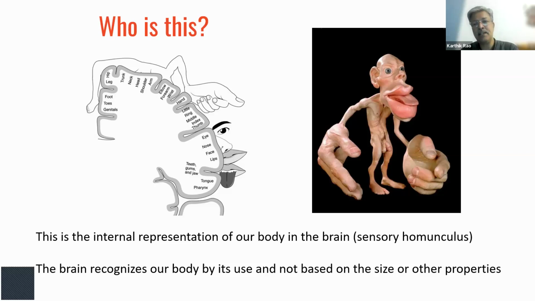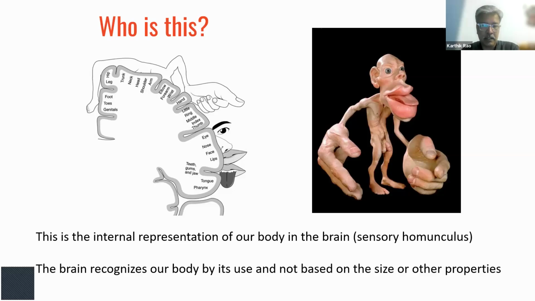And naturally, as you can see, the hands and mouth are probably the biggest. Because we use these extensively, and if you look at evolution, probably this also tells us that the two distinct features of human beings compared to animals are the hand as well as the mouth, or communication plays a major role in this, right? So we talk about mouth as well as hand as very unique.